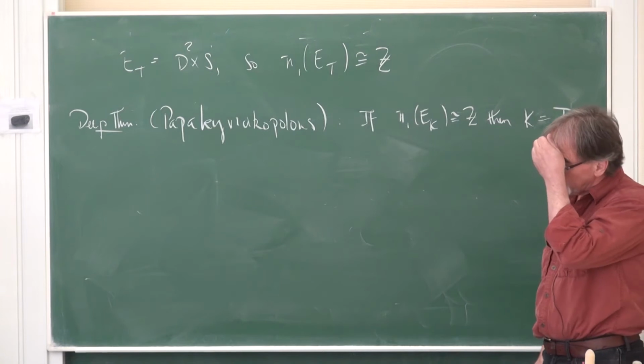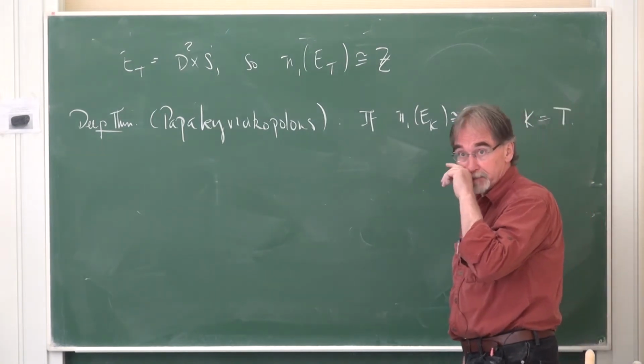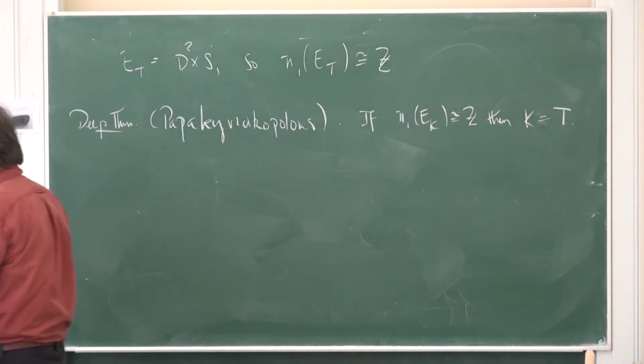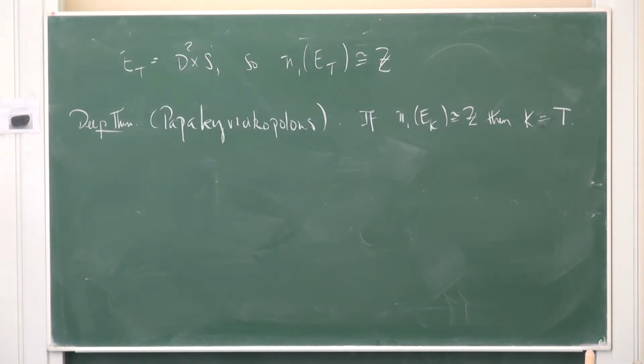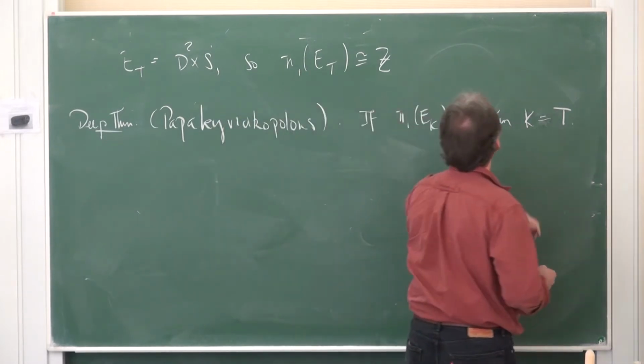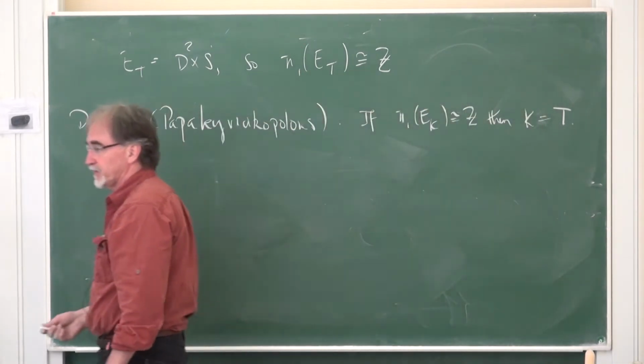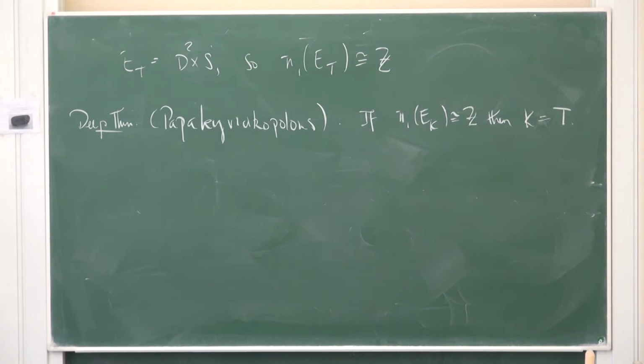One has to prove what's called the loop theorem: if you have a null homotopic curve on the boundary of a three-manifold, it bounds some immersed disk, and if in a neighborhood of the boundary it's embedded, then someplace in that three-manifold there's an embedded disk with the same property. That's a very hard theorem to prove. It was proven in the 50s by Papakyriakopoulos. But it implies that a knot is trivial if and only if its fundamental group is Z.